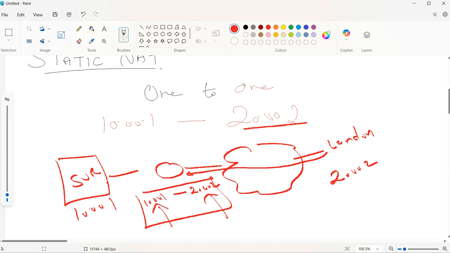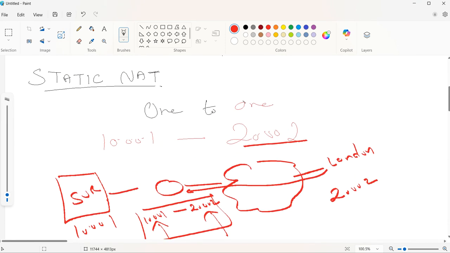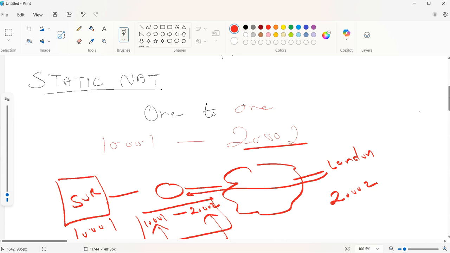The purpose is not only that you talk from inside to outside, you also want someone from outside to initiate the traffic and talk to the inside server. Whereas the other NATs that you are going to see can only be initiated from inside to outside, not from outside to inside.